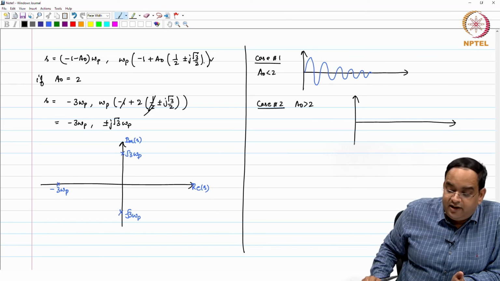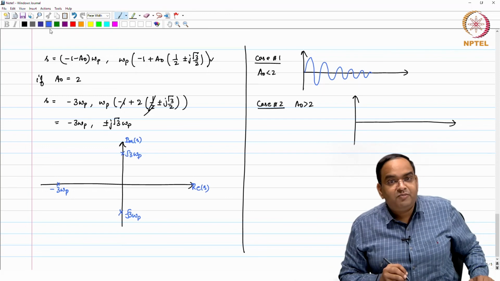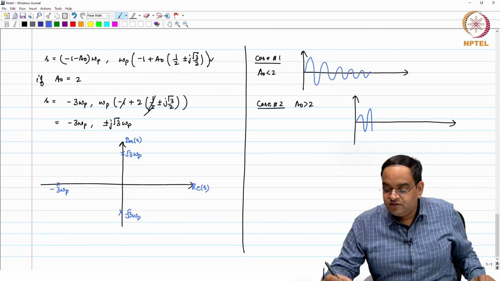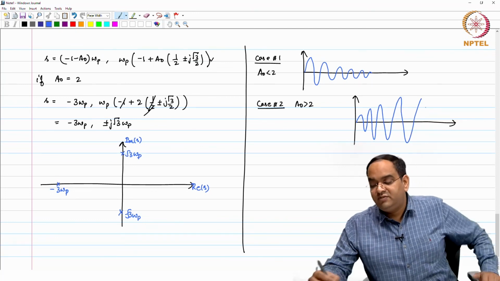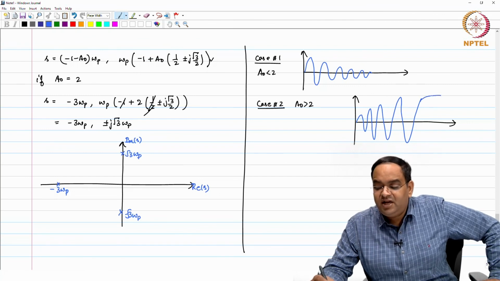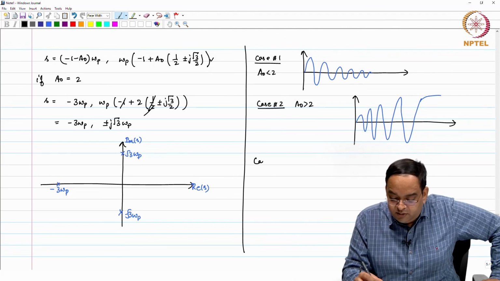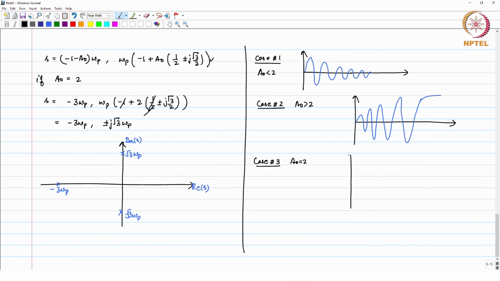If A naught is greater than 2, then in that particular case you are going to have closed loop poles in the right half plane. The oscillations will build up, okay, and then with the real limit of the supply voltages, it may saturate either to VDD or ground. And in case 3, when A naught is equal to 2, you will get sustained oscillations.